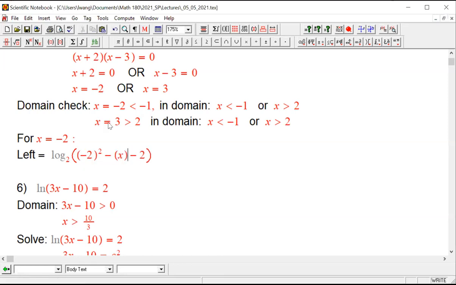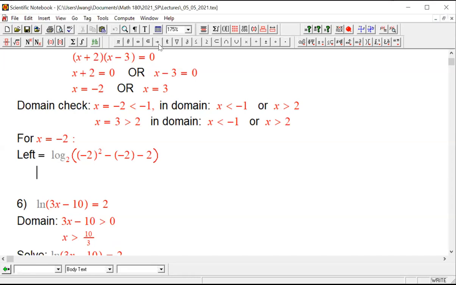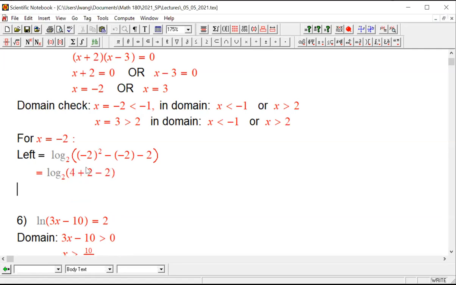This equals log base 2 of -2 squared, which is 4, plus 2 minus -2, which is plus 2.